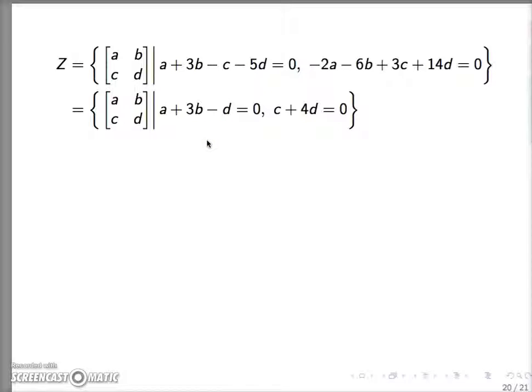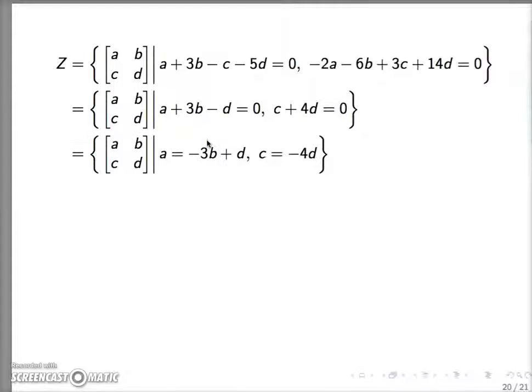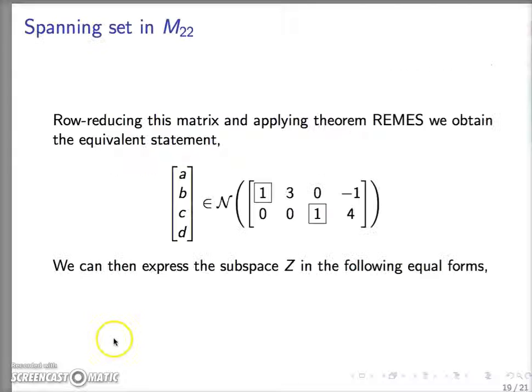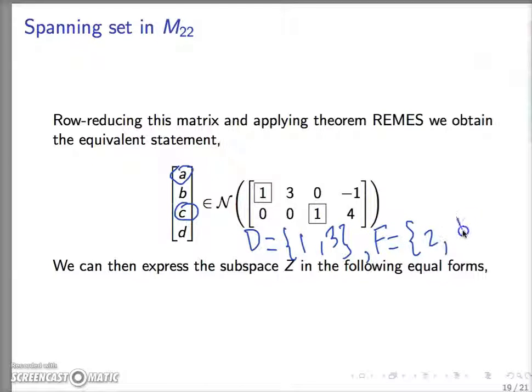And so by doing that, we notice that we can write A in terms of B and D. This is exactly what the treatment of dependent variables is. Because the RREF is defined in this way, the set D contains 1 and 3, so this is associated with 1, this is associated with 3, so A and C are dependent variables, and F here would contain 2 and 4.